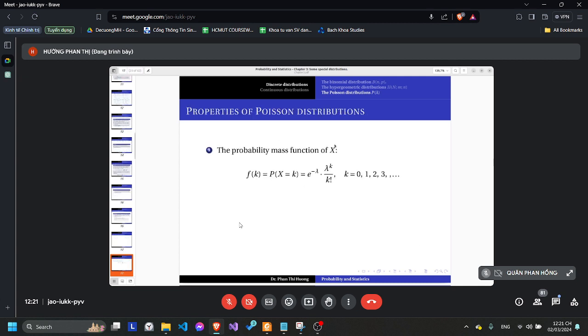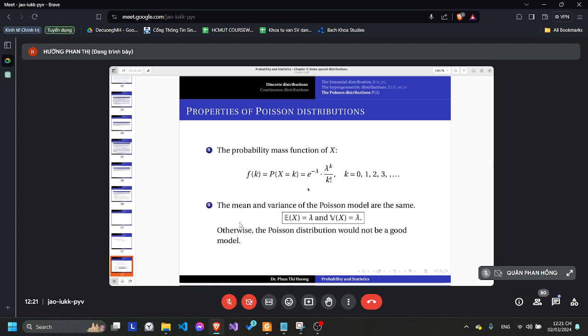So as we already showed from example 6, the probability mass function of S will be F(k) equals the probability of S equals k, which equals e to the power of minus lambda, lambda to the power k, over k factorial, for k equals 0, 1, 2, 3, and so on.